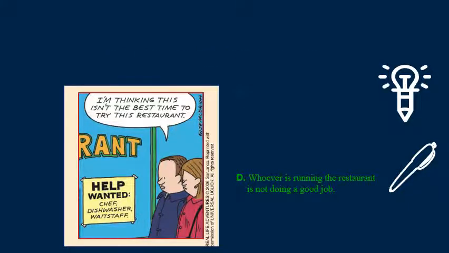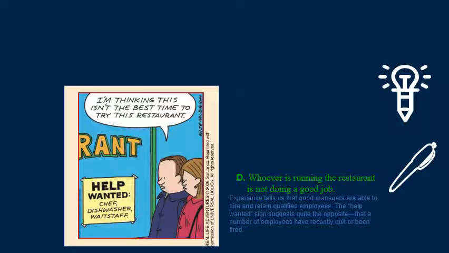As a reader, our experience tells us that good managers are usually able to hire and retain qualified employees. And the help wanted sign suggests quite the opposite, that a number of employees have recently quit or been fired. That is why whoever is running the restaurant is not doing a good job. So this one is a logical inference.